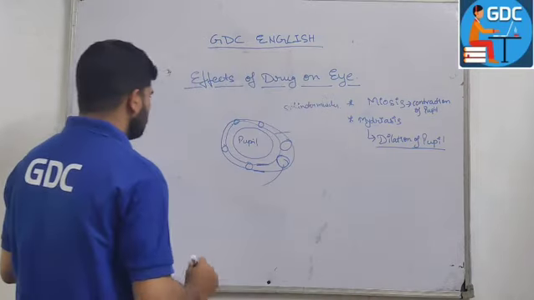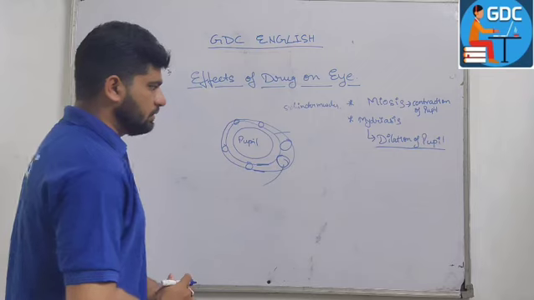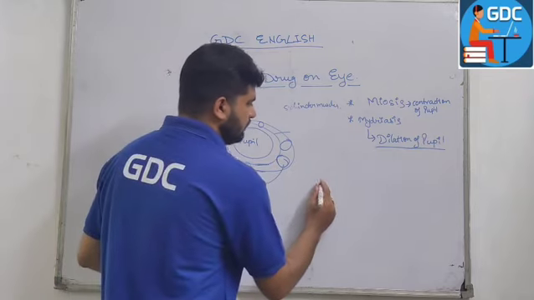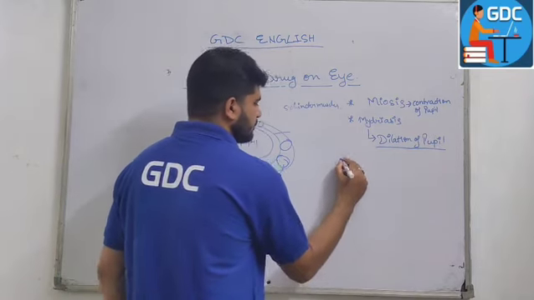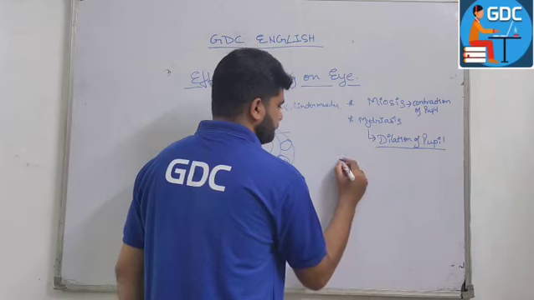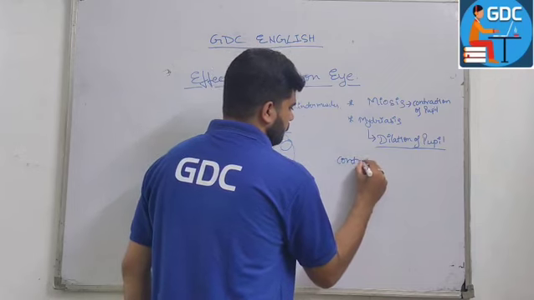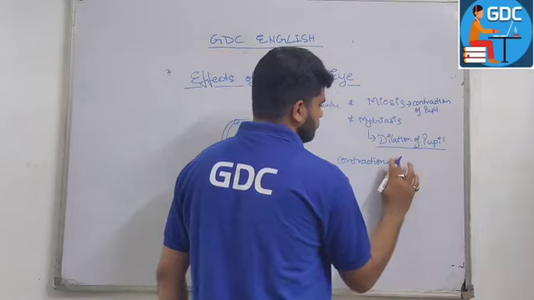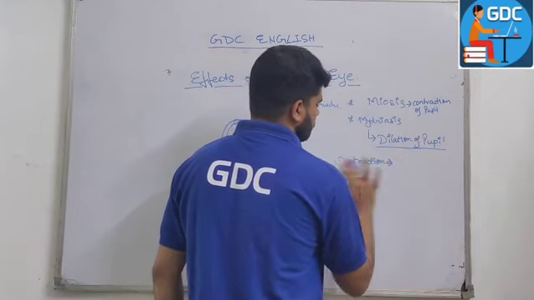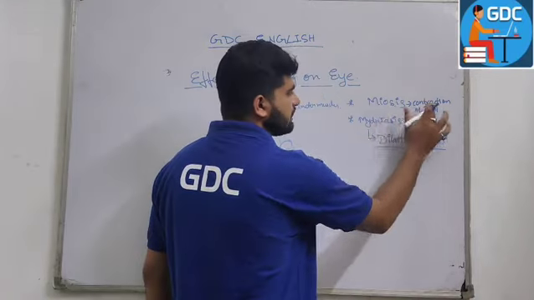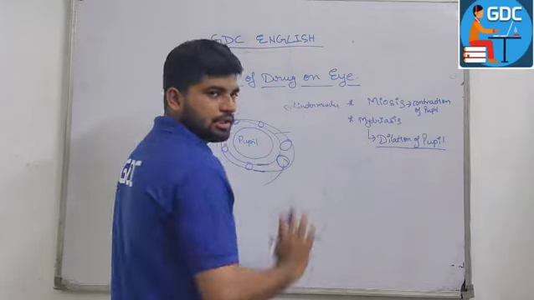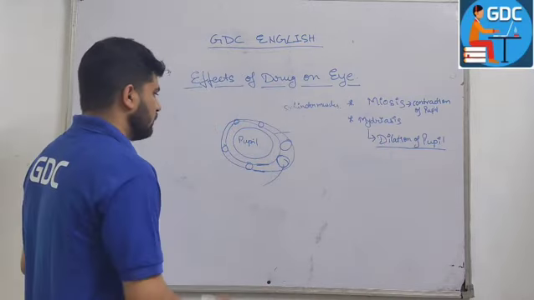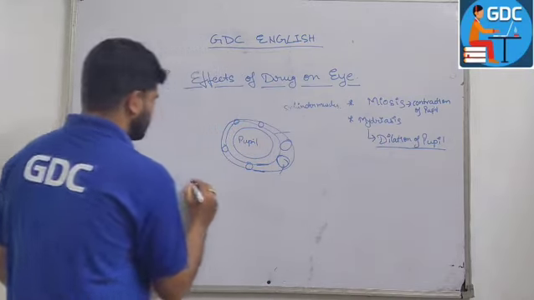First we need to learn that miosis is contraction and dilation is mydriasis. Now let's take the first condition.